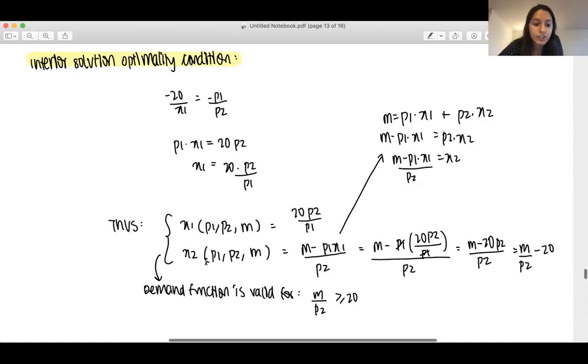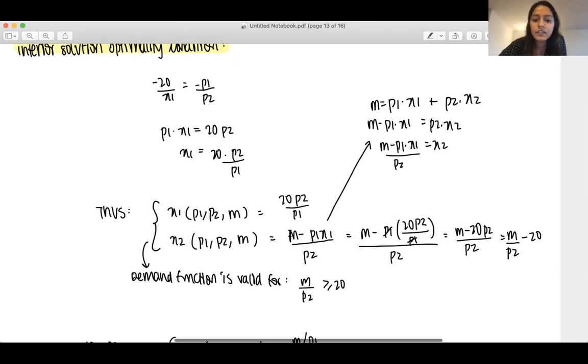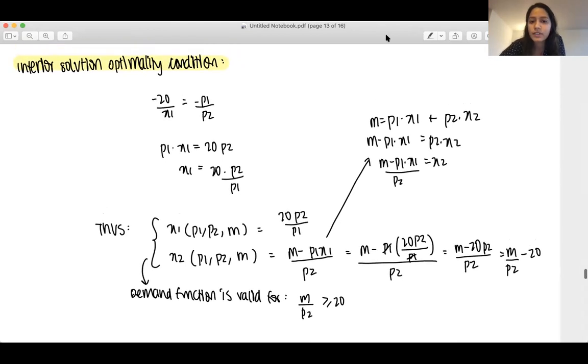Here, it's X2, P1, P2, M, and this is what it is: M minus P1 X1, all over P2. The way I solved it is that when you write down what the demand function originally is, you know that M is equal to P1 times X1 plus P2 times X2.